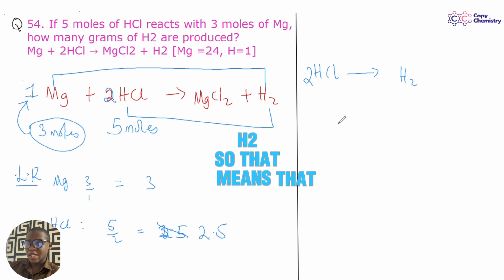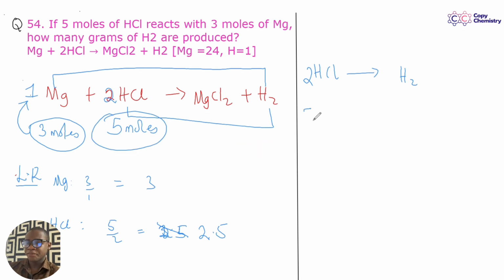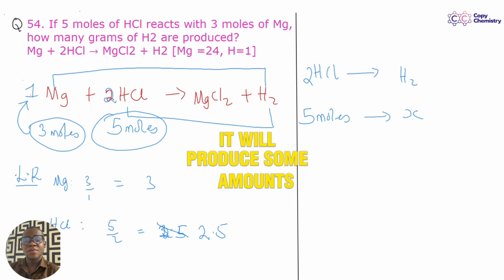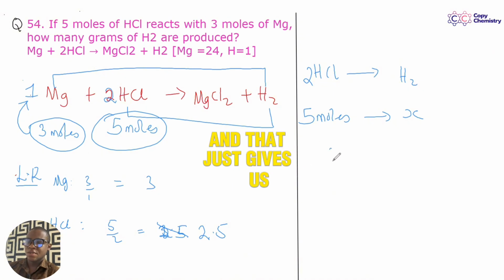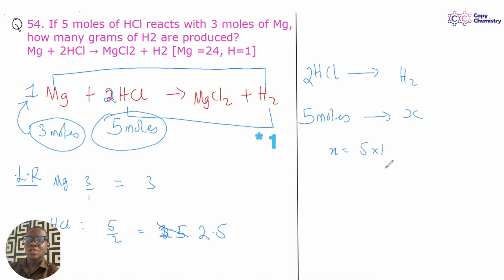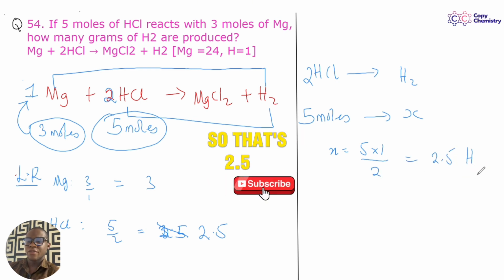So if we have 5 moles of HCl in the game, it will produce some amount in moles of H2. That gives us 5 times 1 divided by 2, which is 2.5. So that's 2.5 moles of H2.